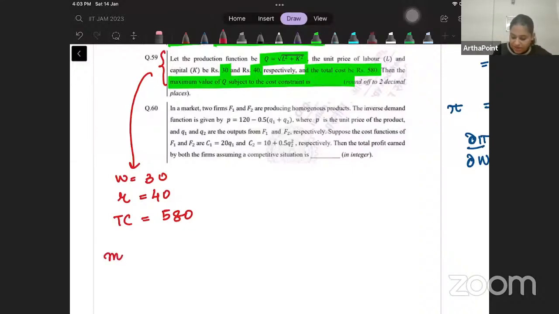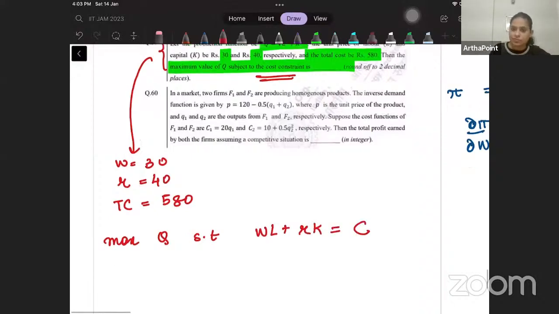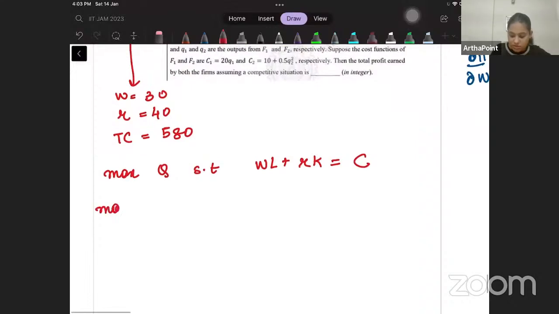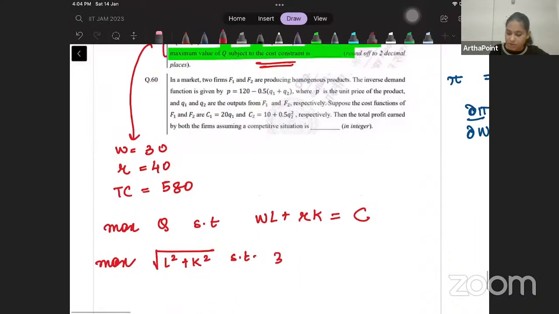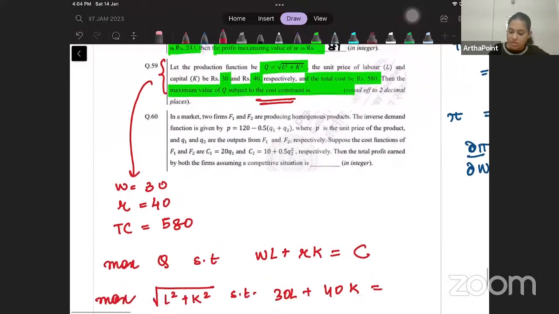So I want to maximize Q subject to the cost constraint, which means subject to WL plus RK equal to C. So maximize, Q ki jagah pe I will write root L square plus K square subject to W ki jagah pe I will write 30 L plus 40 K equal to 580.